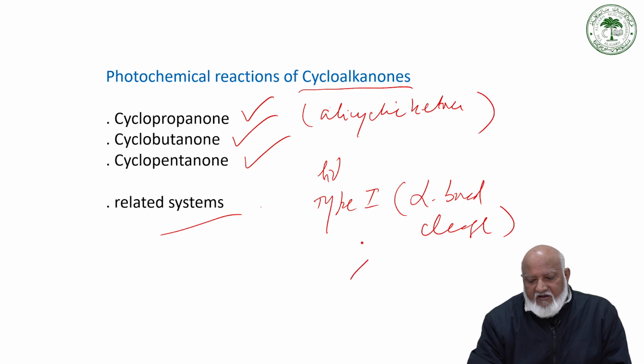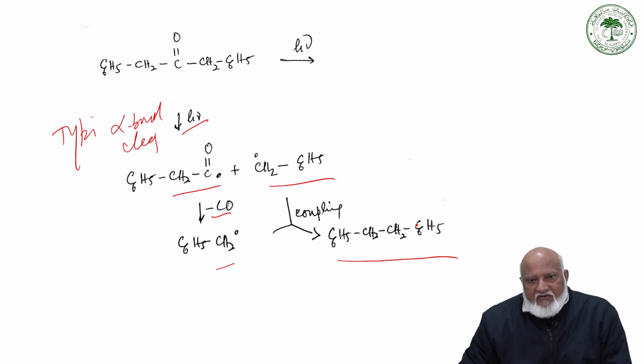Alpha bond is the bond next to the carbonyl. This is an alpha bond, and this is also an alpha bond.